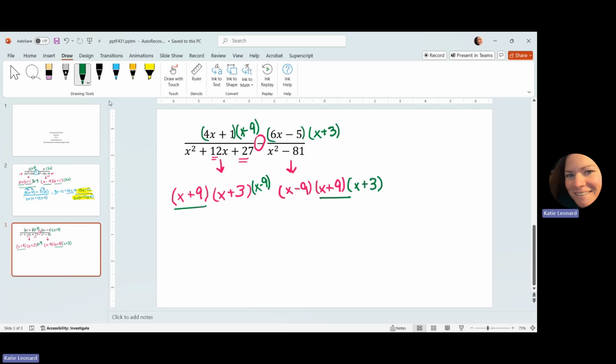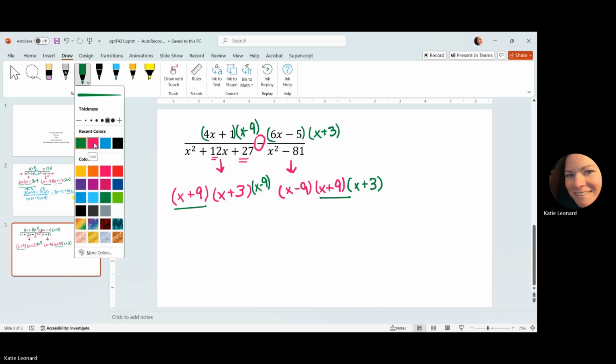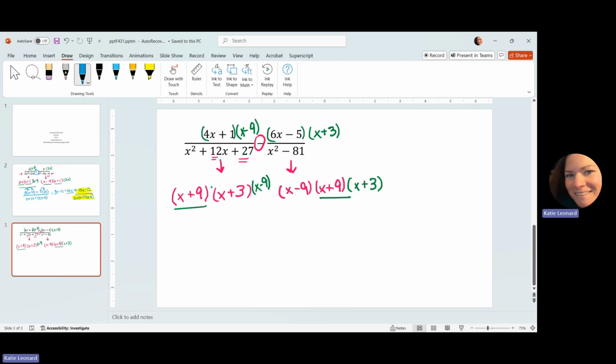All right, so now I can rewrite the problem. I'm going to write it as (4x plus 1)(x minus 9), minus (6x minus 5)(x plus 3), all over the denominator.